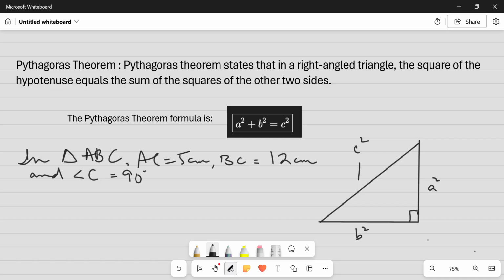So what you need to do is calculate the length of AB.